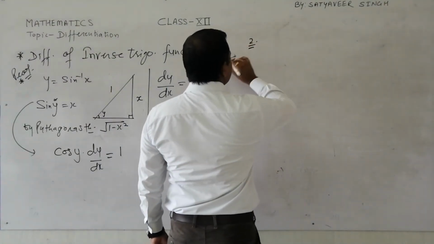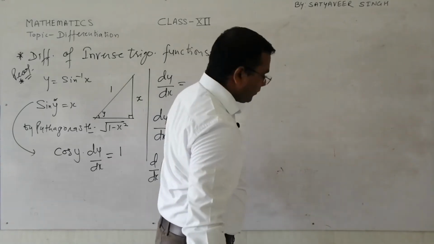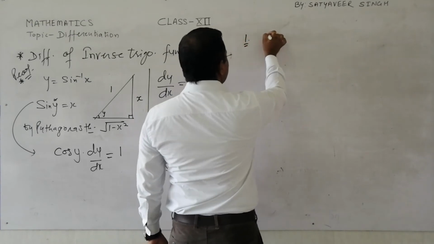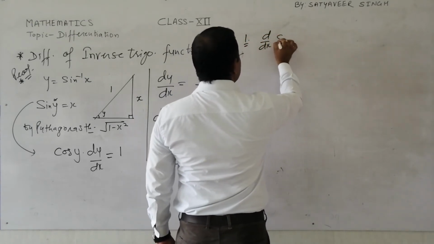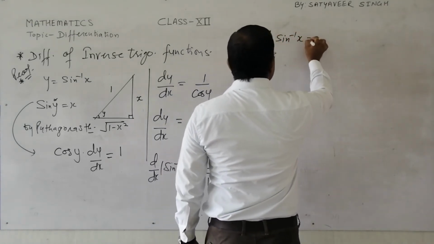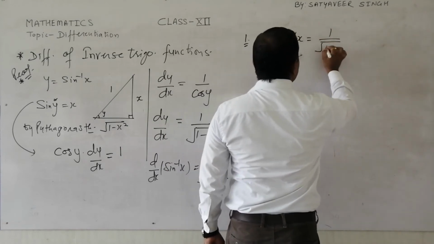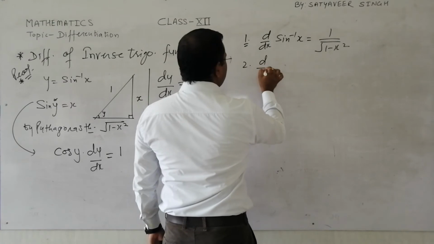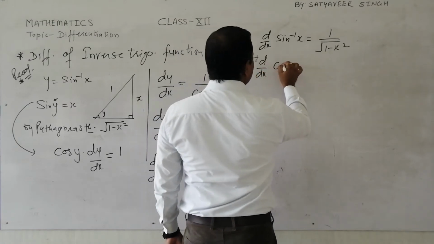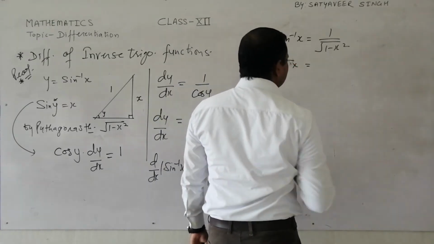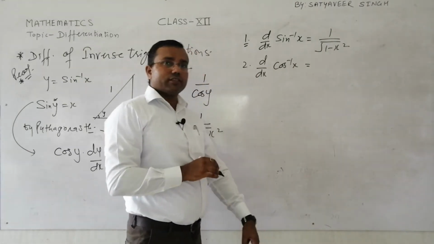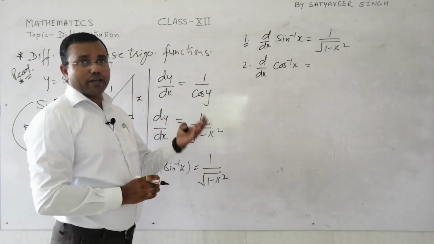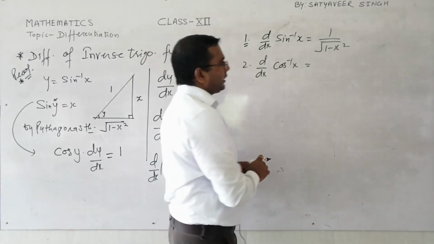Similarly, we can find, like we have done, first result we have proved. So we know now d upon dx of sine inverse x is 1 upon root 1 minus x square. What is d upon dx of cos inverse x? What is the domain of the sine inverse x? What is the range of the sine inverse x? It must remain in your mind. Do not forget that.